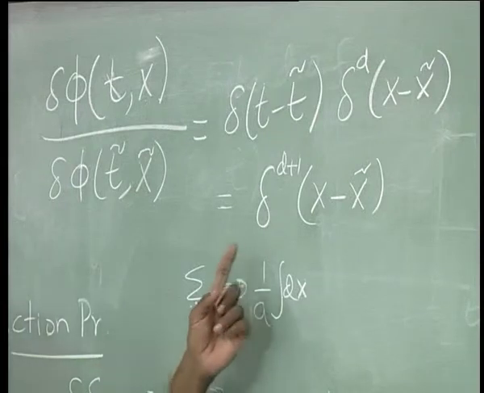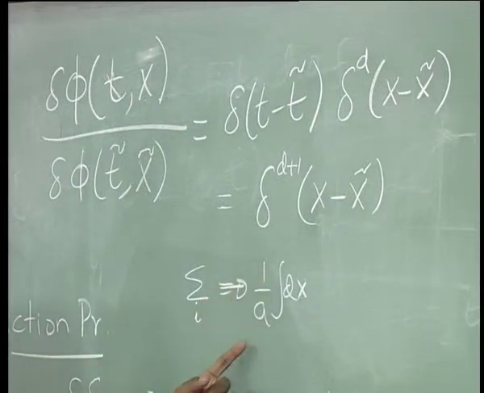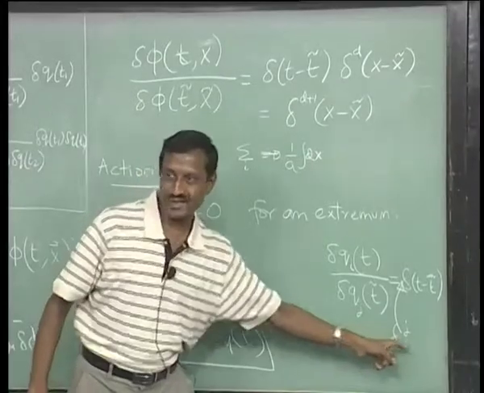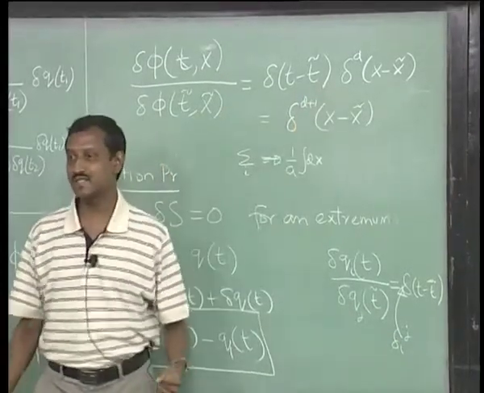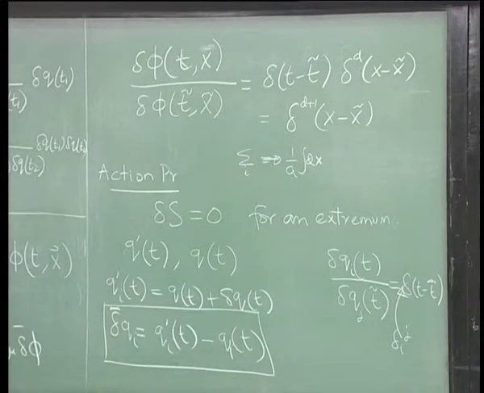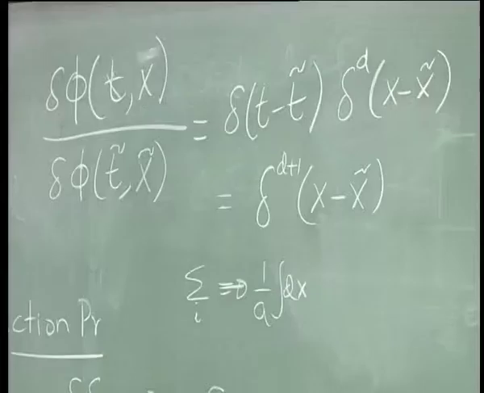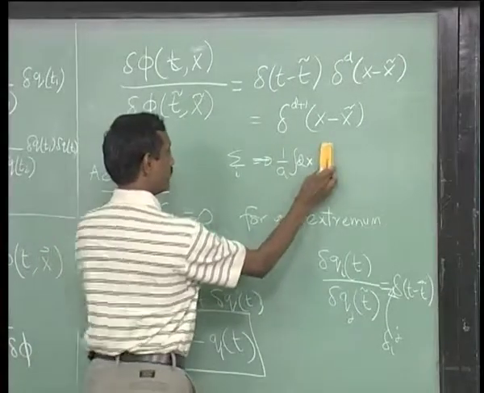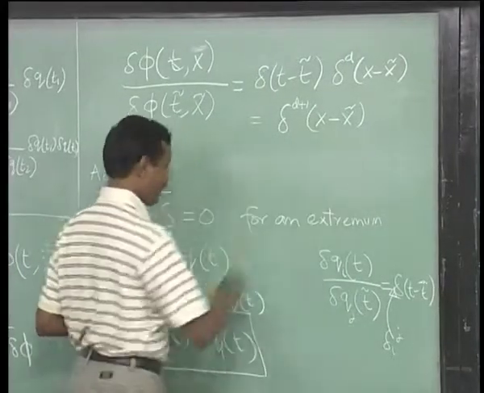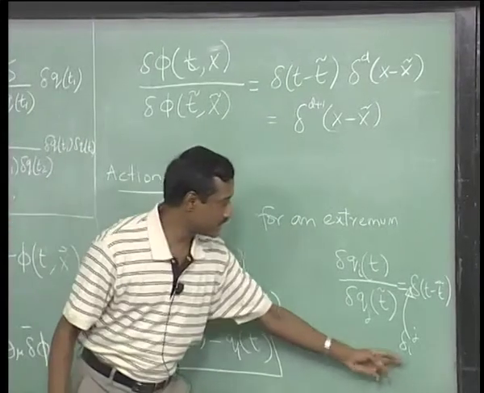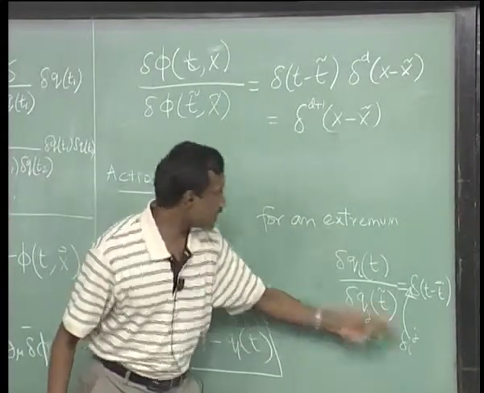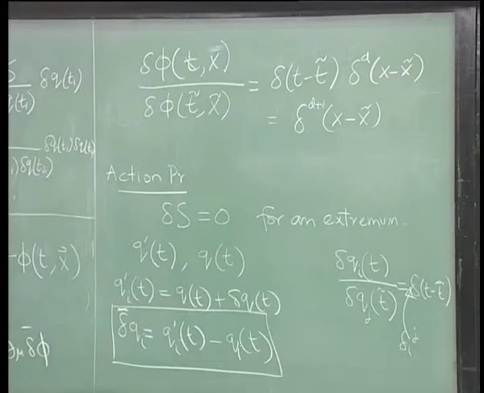If you write a 1 by a here, there would come an a out here, and at least dimensionally you can see the delta function has the correct dimensions, so they will work out perfectly. Okay. So you will get a compensating factor of a's, and it cancels away, and so that is the nice way of understanding how a Kronecker delta gets replaced by a Dirac delta function. Okay.